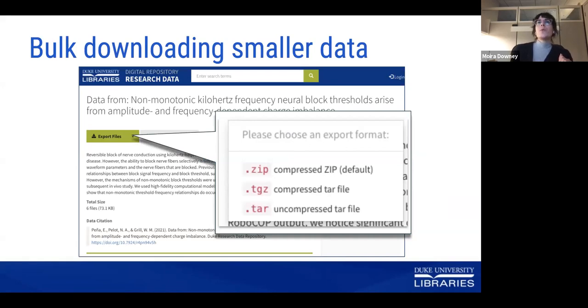So when we talked to Michigan about how they had implemented Globus for data dissemination, we realized that the RDR had a sufficiently small storage footprint that we could probably take a more simplified approach. So rather than build export packages for each data set on the fly that are then staged on a Globus volume for a period of time, we just decided to keep a snapshot of the whole repository staged for transfer.